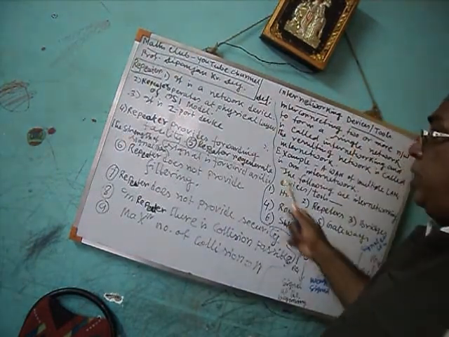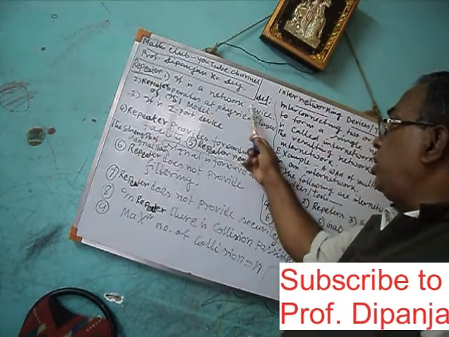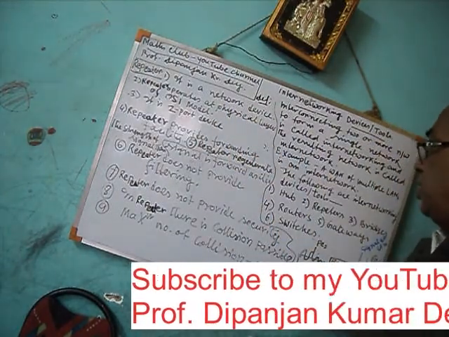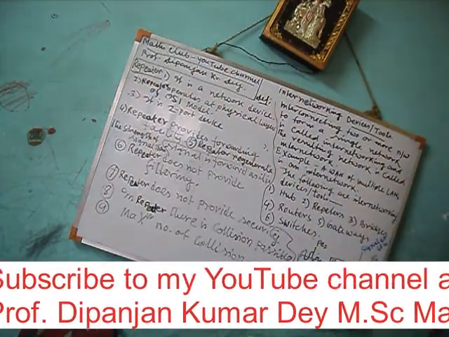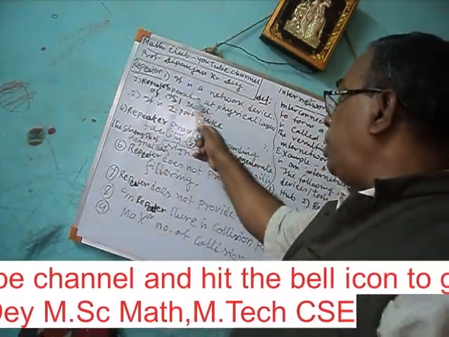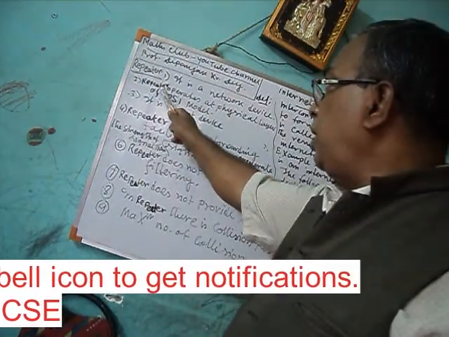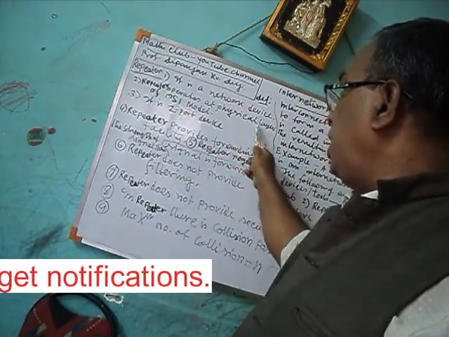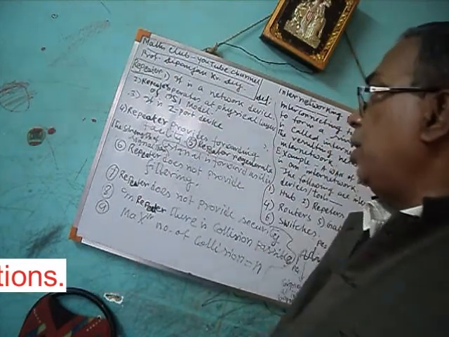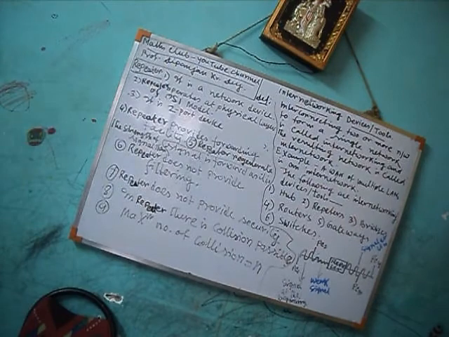So this point I have written: it is a network device, an internetworking device. Then number 2, repeater operates at the physical layer of the OSI model.